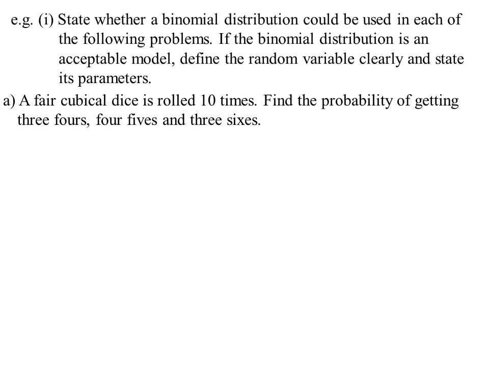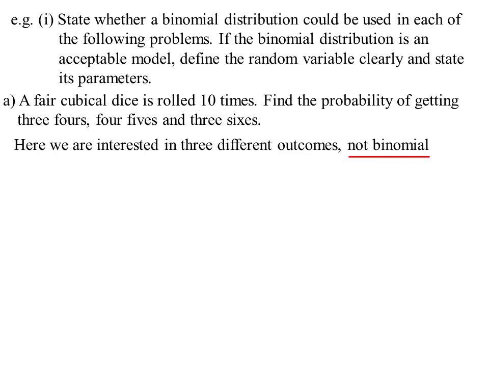Find the probability of getting 3 4s, 3 5s, and 3 6s. No. You could not model that with a binomial distribution because there are 3 different things that you're interested in. Remember, the binomial was simply, we're going to investigate something and whether it's successful or whether it's not. So no, that one we can't do.